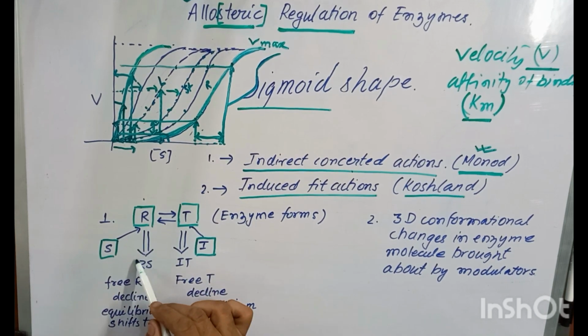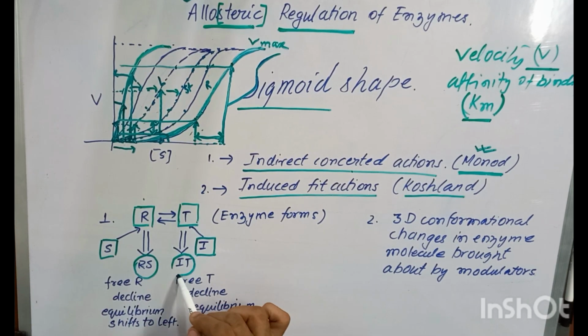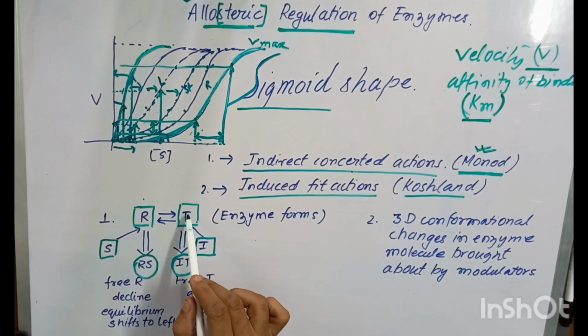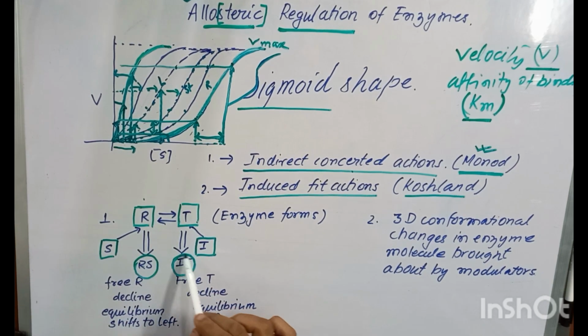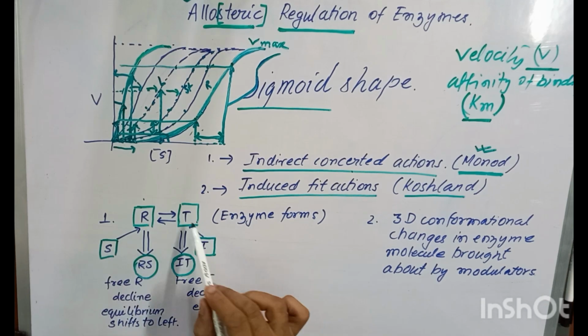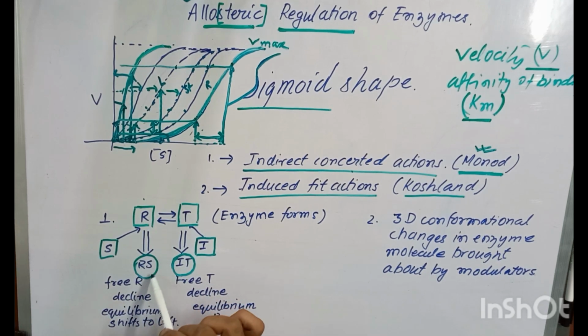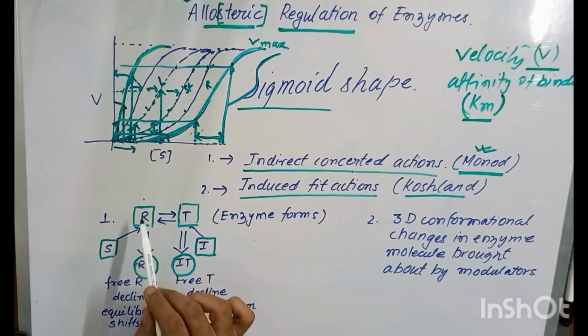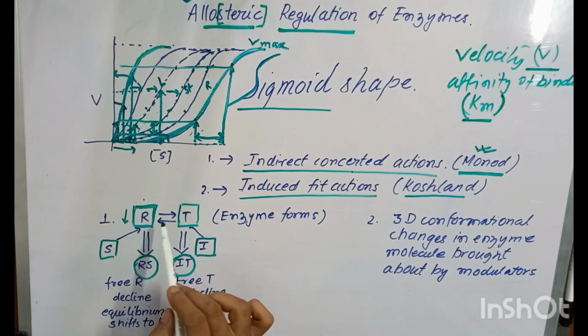They will bind to substrate and form the bound forms: the RS complex, and the complex of the T form with the inhibitor. Now if the substrate binds more to the R form, the concentration of the bound form increases and the free form of R decreases.